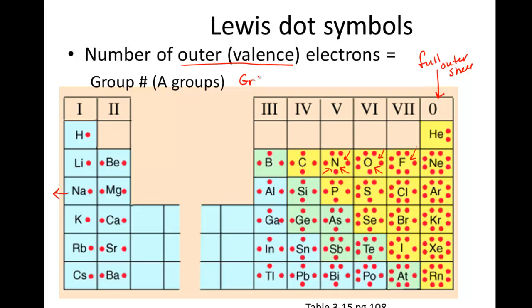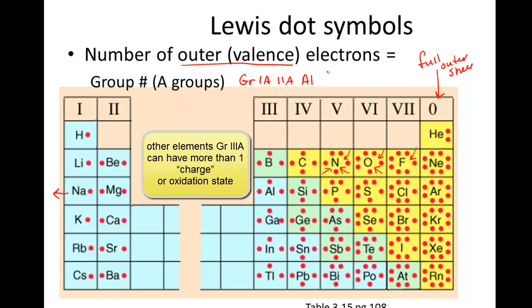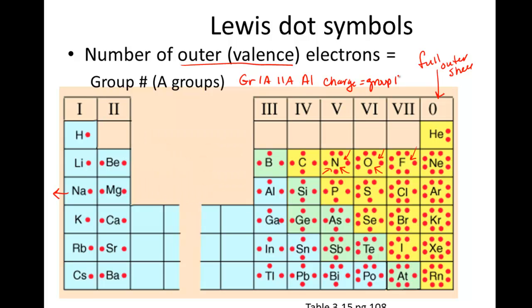So group 1A, 2A, and aluminum in group 3A, their charge will be equal to the group number. So aluminum will be a +3 ion, group 2 will be +2 ions, and group 1 will be +1 ions, which means they will lose that 1 electron or those 2 electrons.